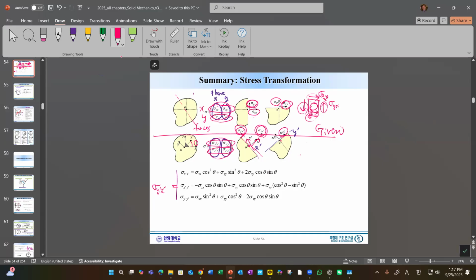This is really important, very simple but very powerful. Anyhow, that's why it's enough to consider three components, and all others are functions of theta here.